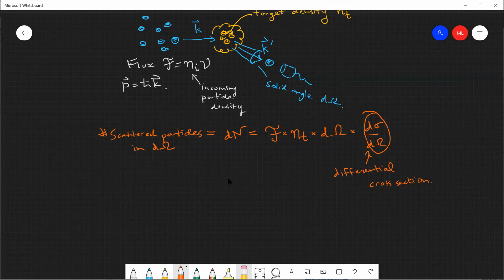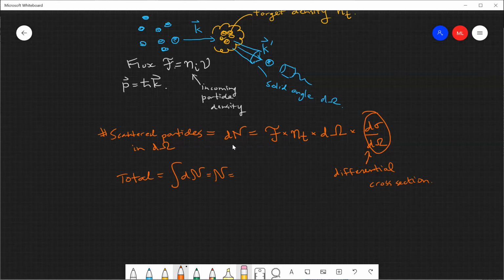What we can also do, of course, is calculate the total number of particles scattered everywhere, for all the possible values of k prime. The total would just be the integral of dn, which is just the total number n.